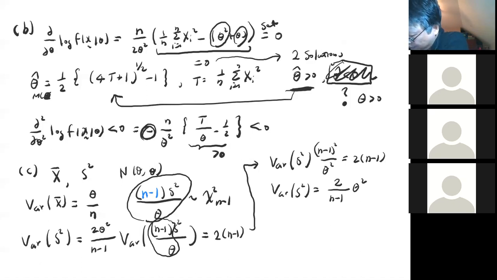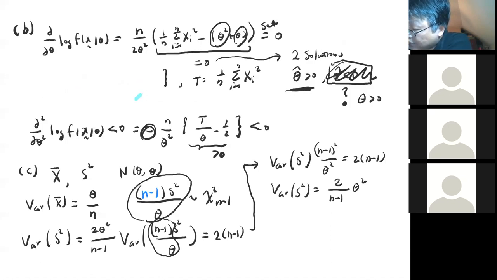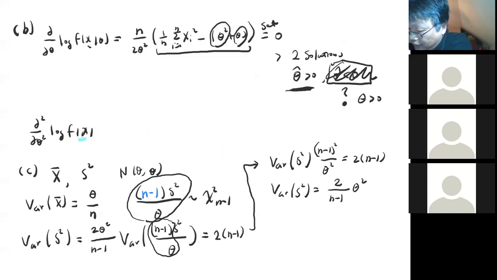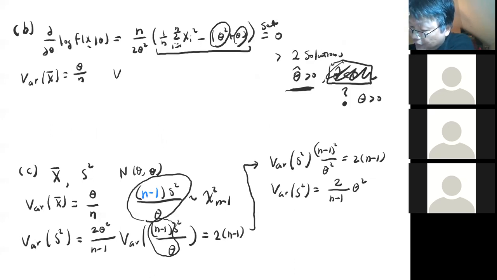Okay, so right here, let me take this out so I can talk about how you're going to compare the variance of x bar and the variance of x squared. Right now you have the variance of x bar is theta divided by n. You have the variance of x squared is 2 theta squared over n minus 1.